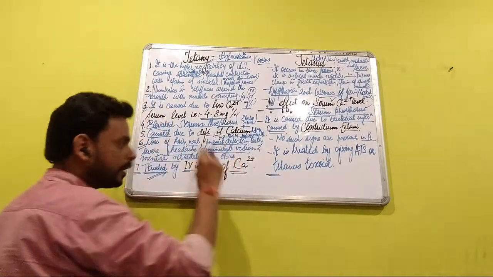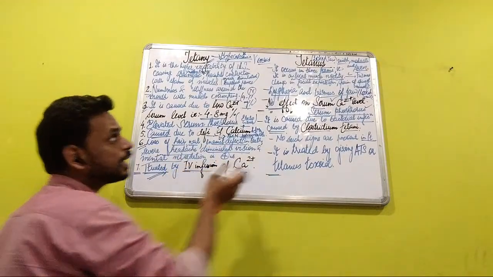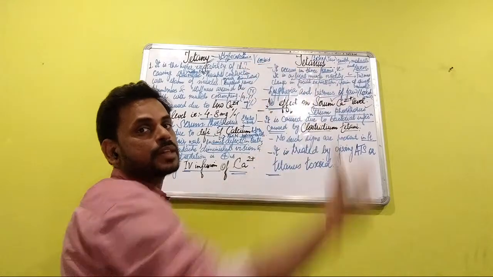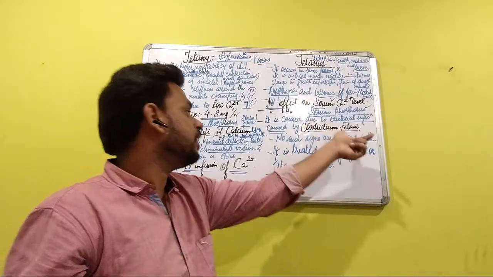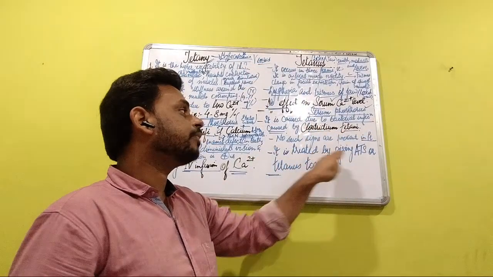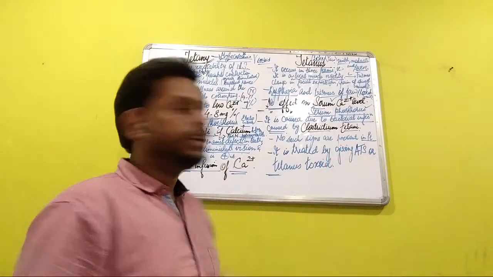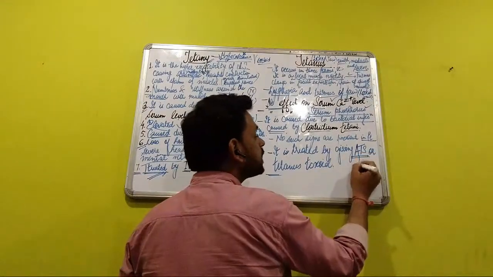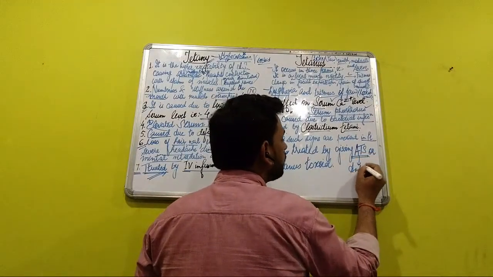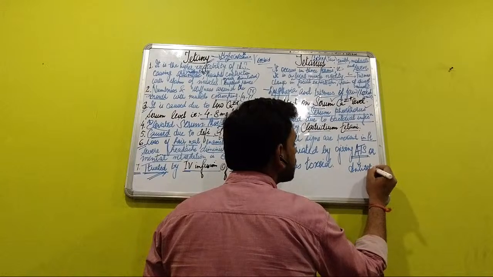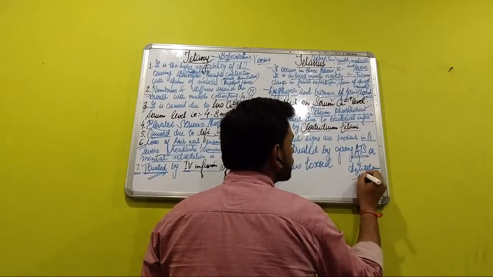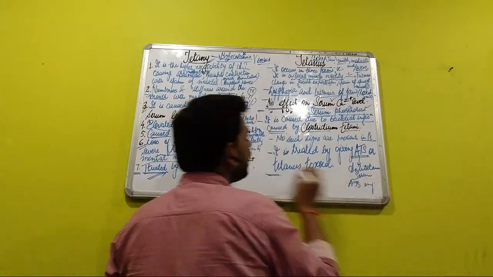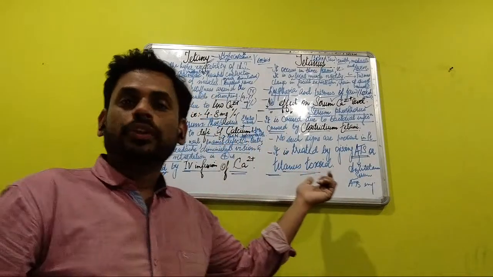But in the condition of tetanus, since it is caused by the bacteria called Clostridium tetani, it is treated by giving the anti-tetanus serum, which is ATS. So ATS injection is given, or the tetanus toxoid injection.